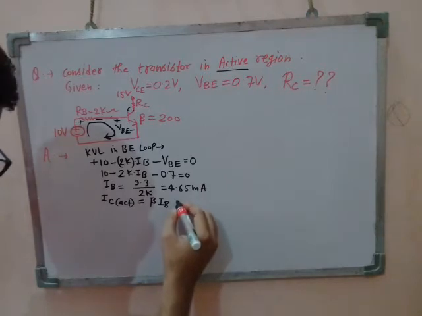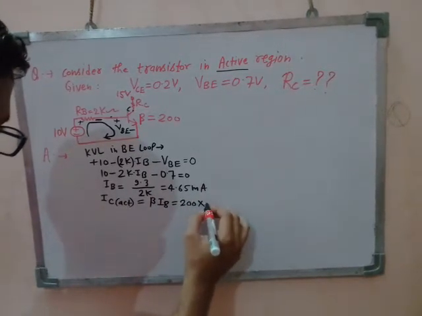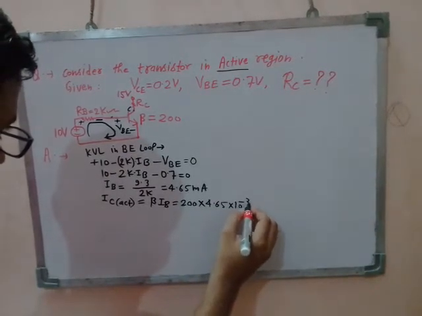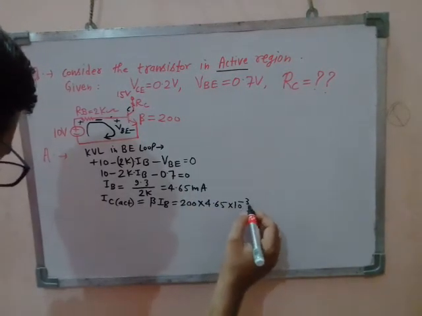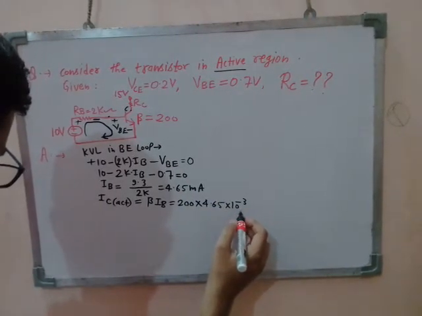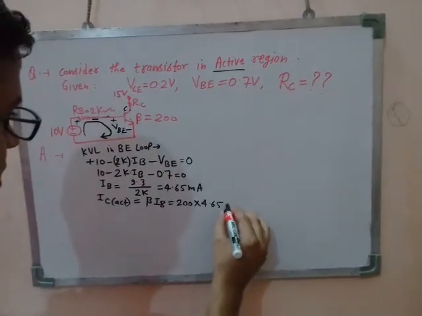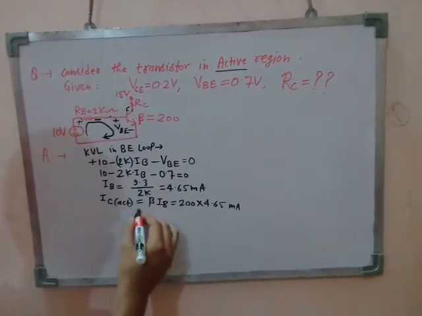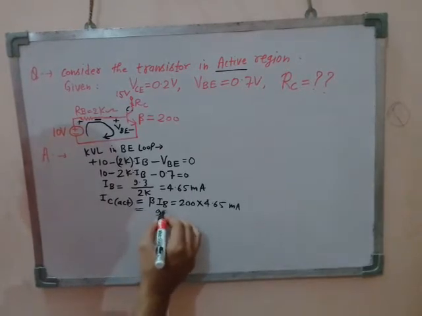Beta is 200 and IB is 4.65 milliampere. You can calculate directly in milliampere, so you will get 930 milliampere.